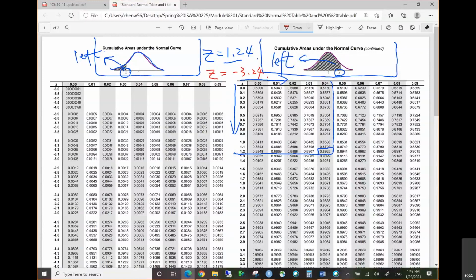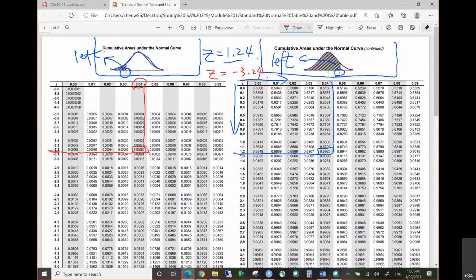Davis, yes, what is your answer? 0.0006. Good eyes. Thank you. You need to look for negative 3.2 combined with 0.04, so you have 0.0006.